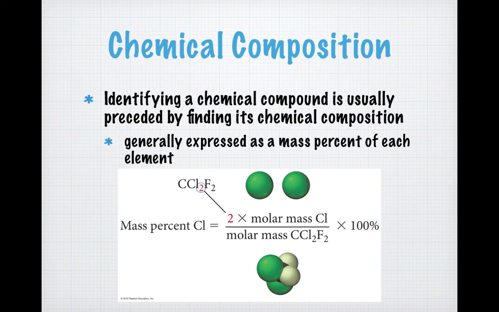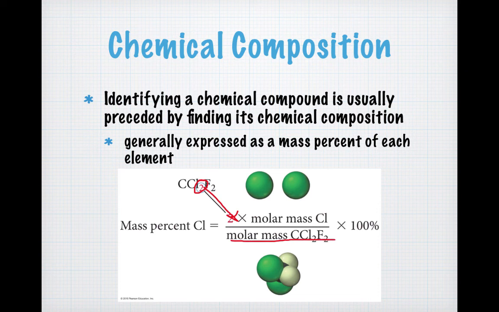We would have that the mass percent of chlorine would be equal to 2 times the molar mass of Cl. And the reason we have 2 times that is because there's 2 moles of chlorine in each mole of that molecule. So we'd say 2 times that molar mass over the molar mass of this whole compound.